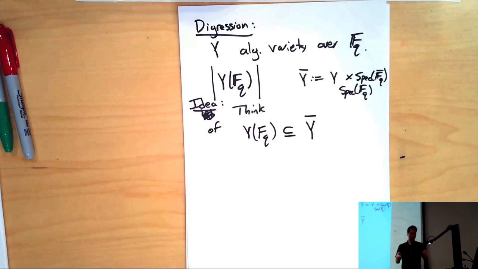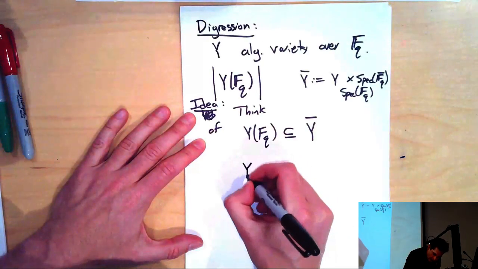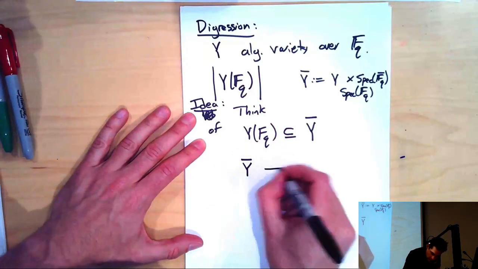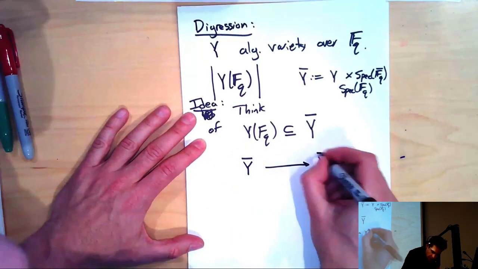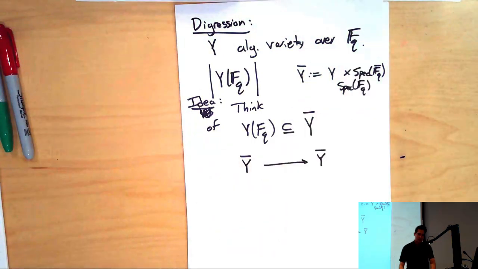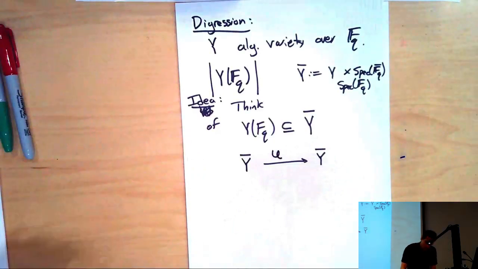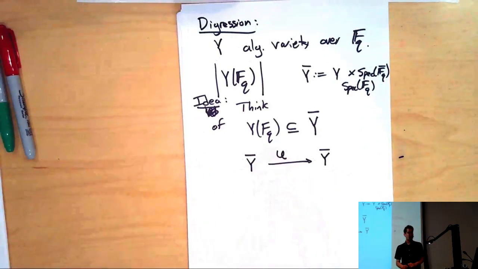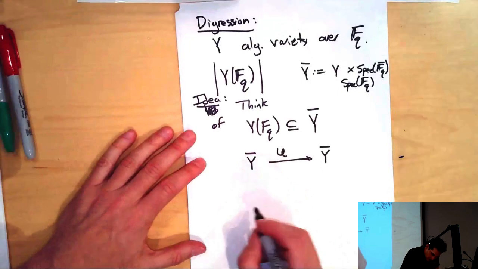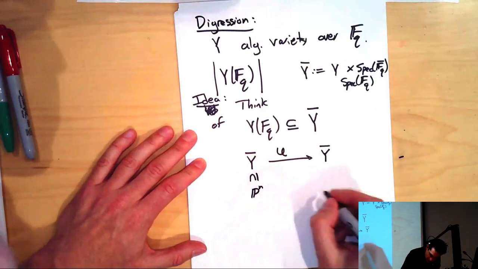And in fact, it sits inside there in a very specific way. There's a map from Y bar to itself, using the fact that Y bar is actually defined over a field with q elements. There's a canonical map of algebraic varieties from Y bar to itself called the geometric Frobenius map, which is just given if I think of Y bar as sitting inside some projective space, say.